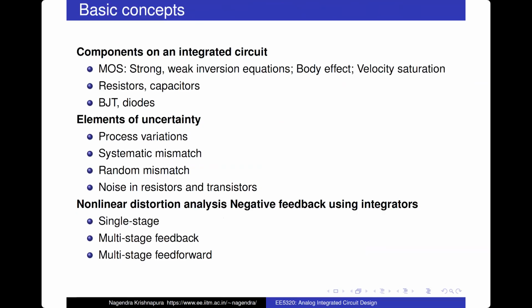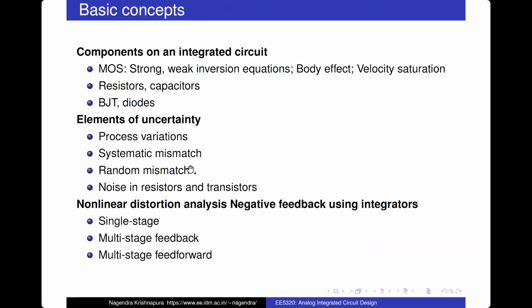Because, for instance, the standard square law model says that the current is proportional to W and inversely proportional to L. It turns out that's not quite true. So if you want to have the current, you can either have the W or double the length, but the two will not work in the same way. So if you want to have a current mirror with a certain ratio, you need to lay it out in a certain way. So those things we'll look at.